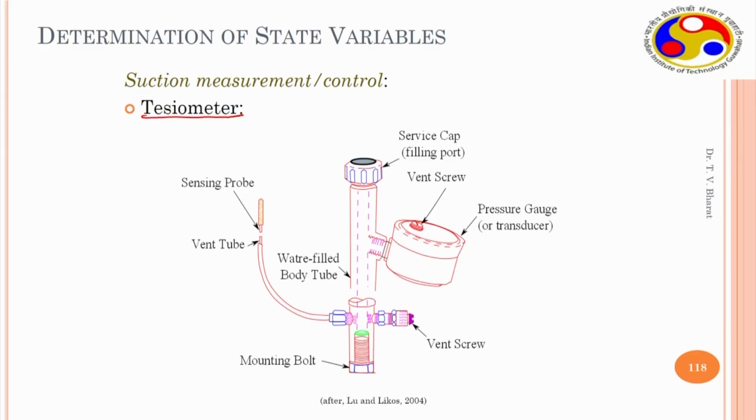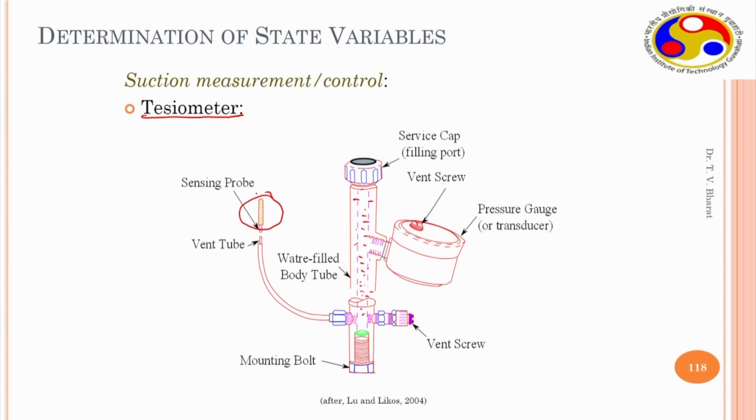Now, let us understand the principle behind this tensiometer. This tensiometer has a sensing probe, which is connected to a water filled body tube. The body contains de-aired water fully, and there should not be any vapor or air component in it. The de-aired water should be filled completely in this tube, which is then connected to a sensing probe.